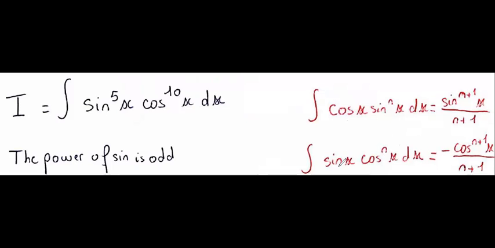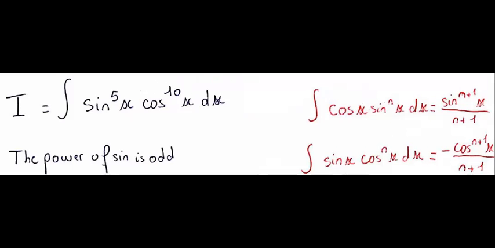I need sine to the power 1 or cosine to the power 1. So what we do is check which of the functions has an odd power. Here, the power of sine, which is 5, is odd, and the power of cosine is even.